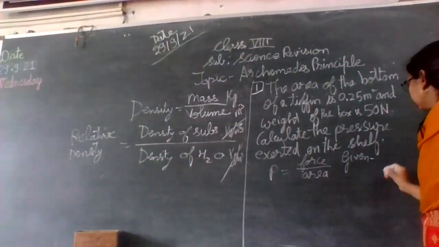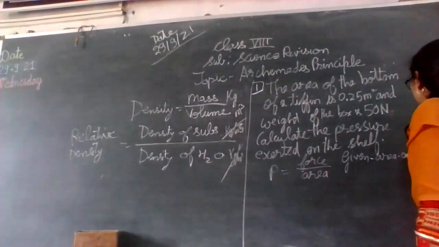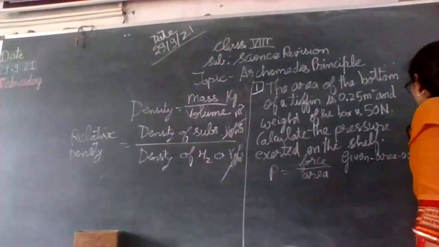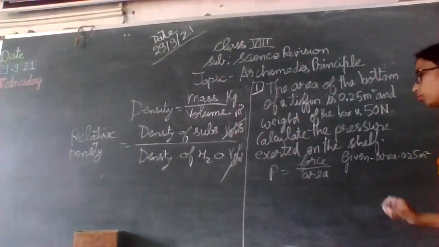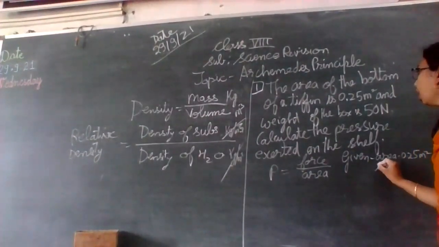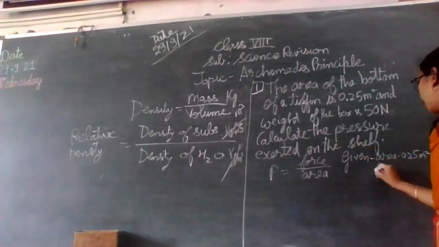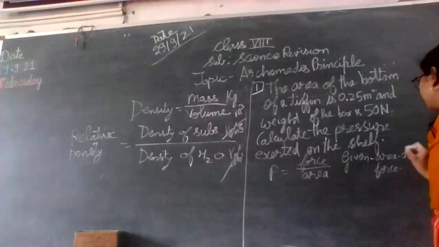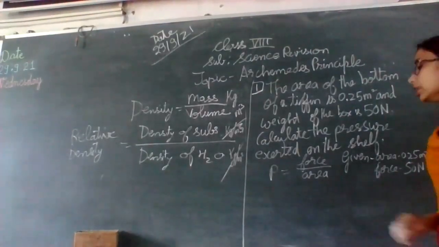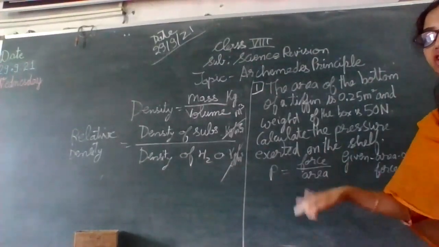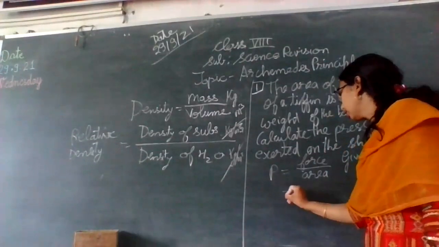The area of the tiffin box, that is 0.25 meters square. And what more is given to you is the weight. Weight is the force that the box is exerting. That is 50 Newton.